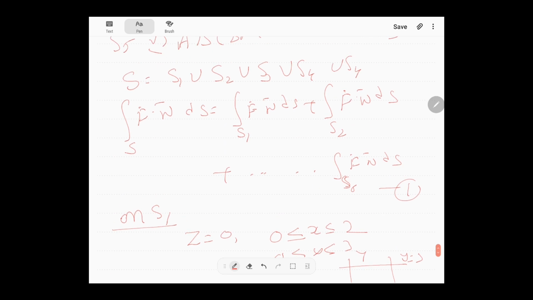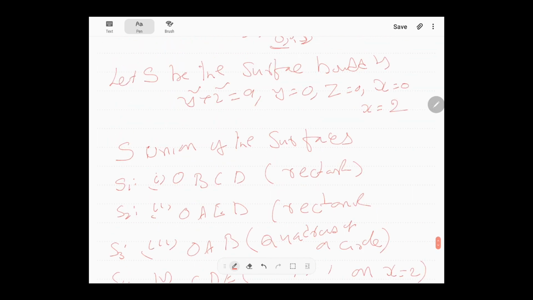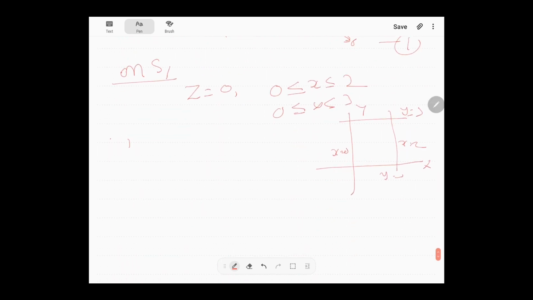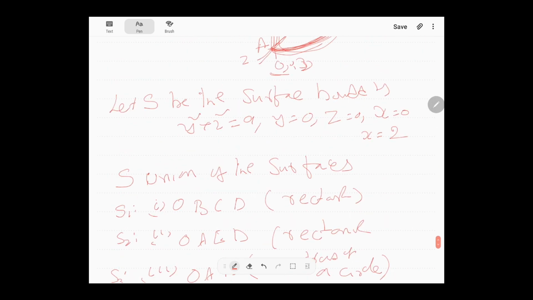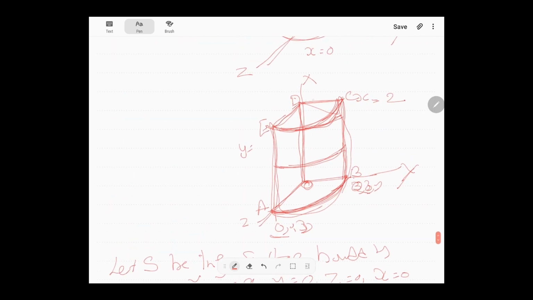Therefore, what is your n bar for S1? n bar is the outward normal vector. For this xy plane, this is one normal vector. For the xy plane, the z-axis is the normal, but the z-axis is coming inside the surface.